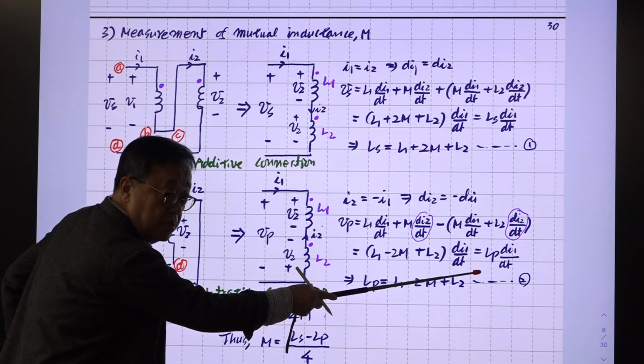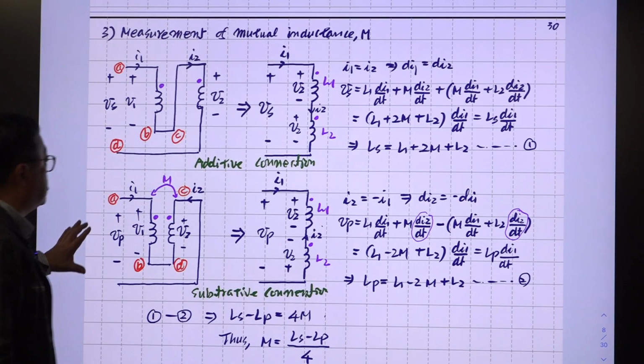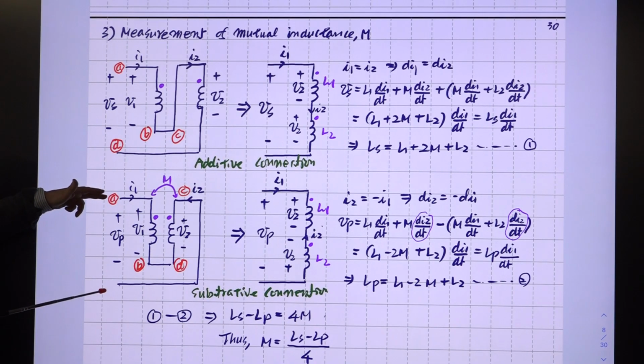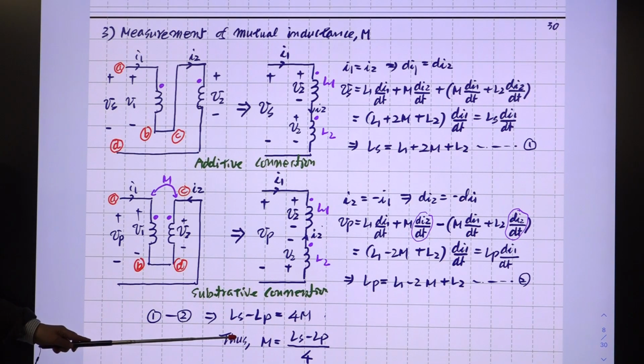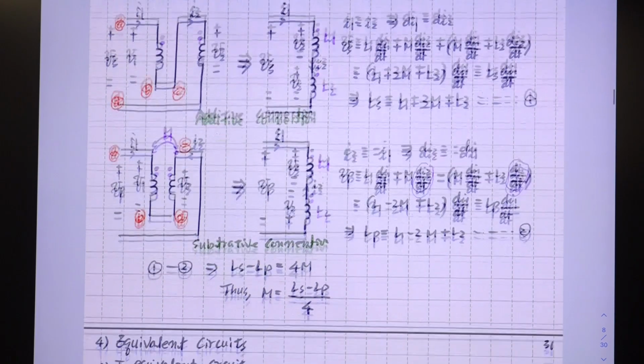Then you have this, right? So the inductance measured with this connection is just this one. So you made two measurements and use this equation. You already know this LS. This one is M, and L1 and L2 are measured. So you know all the parameters of the coupled inductor model. Right?